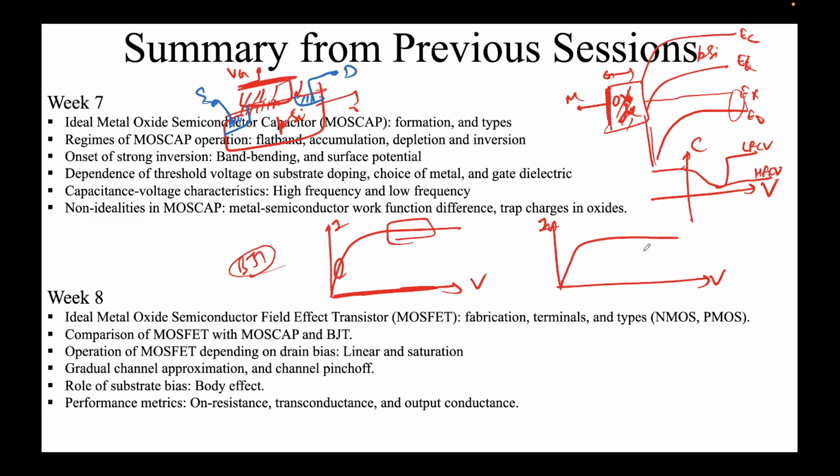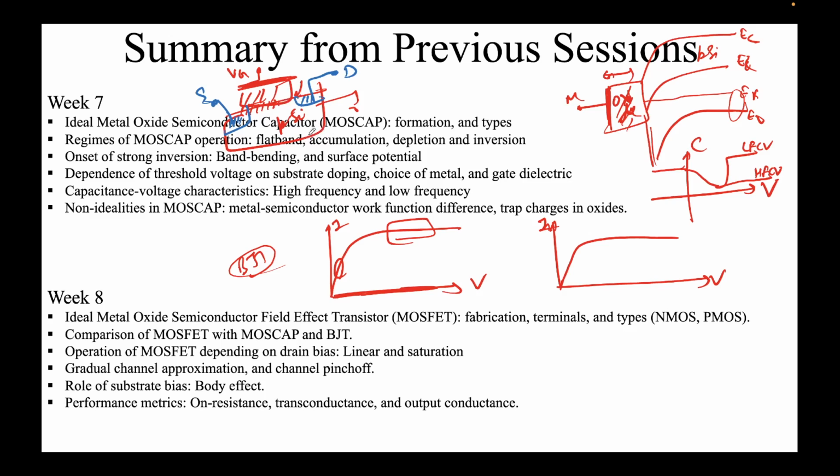So in the linear region and saturation region, we analyzed this using the gradual channel approximation. That is, the charge under the gate is due to a combination of depletion charge as well as the inversion charge. So ultimately a point may come that the channel becomes pinched off, and the current will not increase any further, right? And the substrate bias, the 4th terminal here, is not irrelevant.